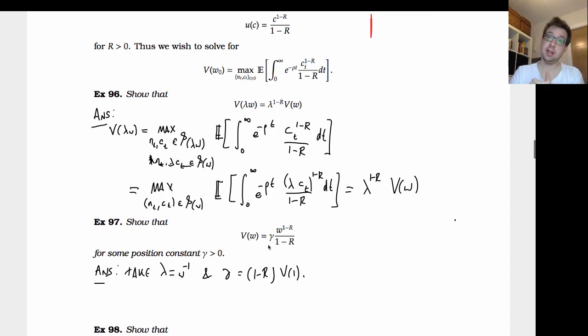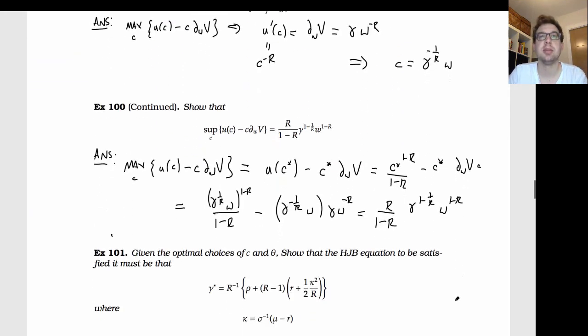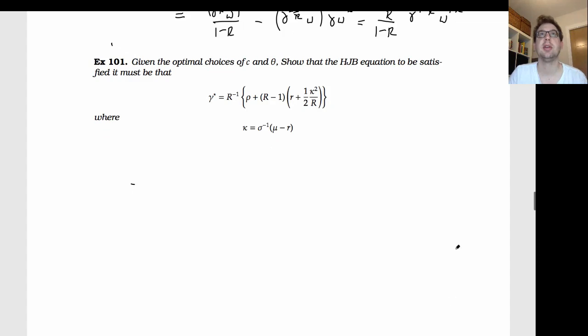You figured out what c is, you figured out what theta is, and the only thing that's left that you don't know is gamma. So then you can substitute those into the HJB equation, and then it's a matter of you solving for what gamma is. I think that's a good exercise for you to figure out a little bit how to do some of the substitutions with the HJB equation. So I'm going to leave that as an exercise for you as your homework assignment.